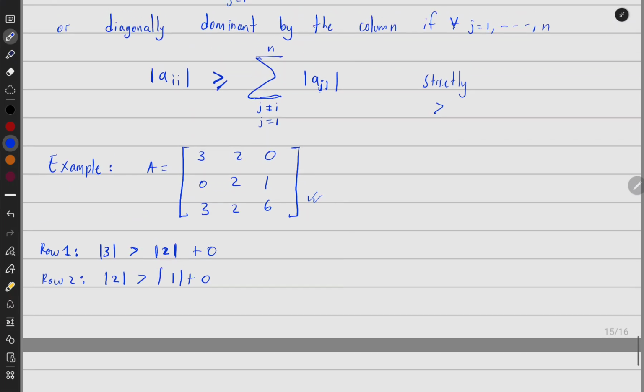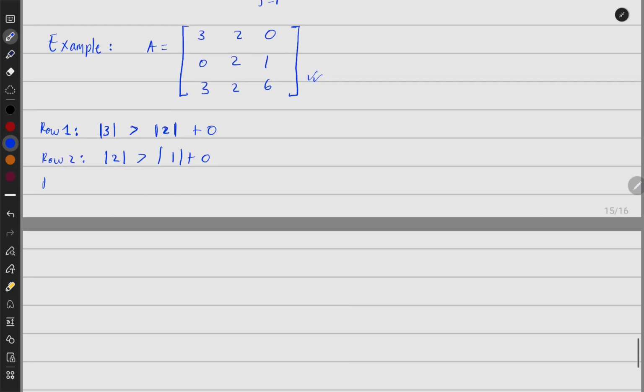However, I can put the magnitudes. Then as I continue to row 3, even here the diagonal entry 6 is greater than 3 plus 2 magnitudes, 5. So meaning that A is diagonally dominant by the row.